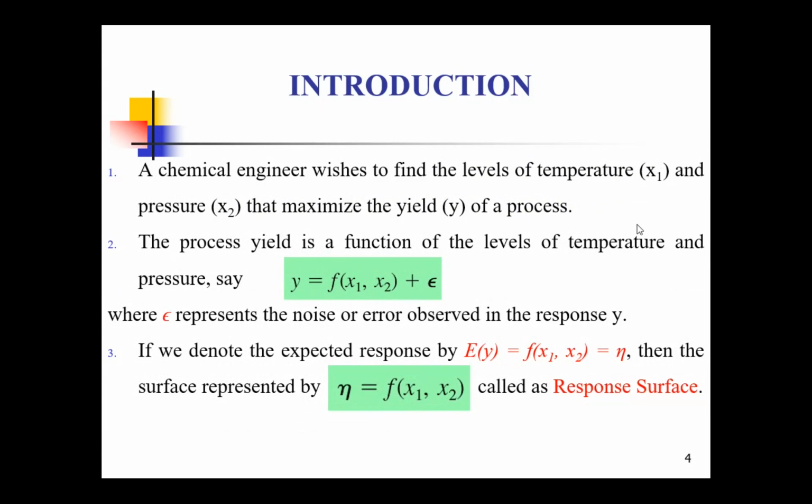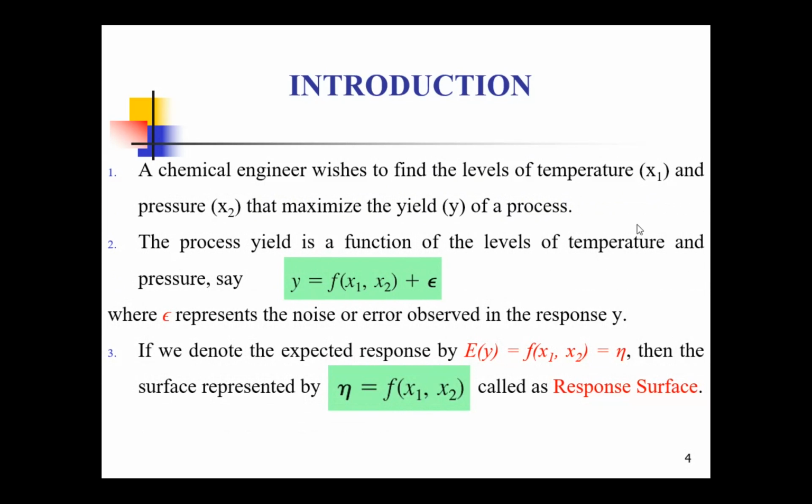So let us see an example. A chemical engineer needs to find the values of two inputs, temperature and pressure, that will produce a maximum yield of a process. The process may be any chemical reaction or something.